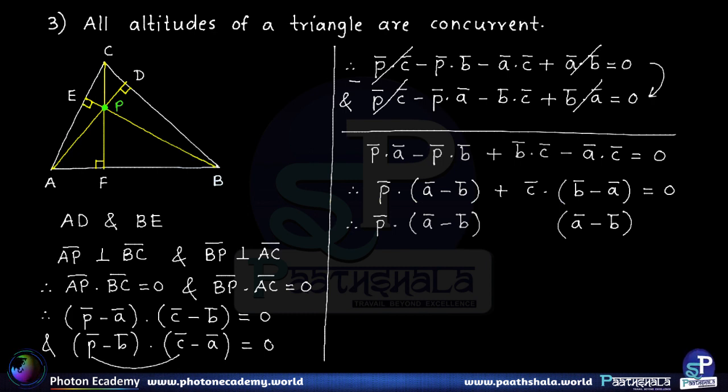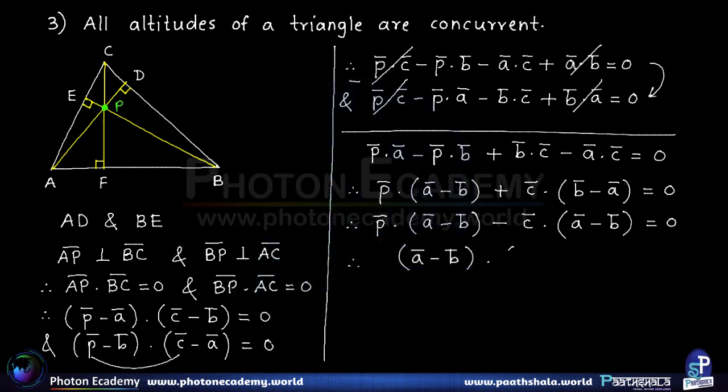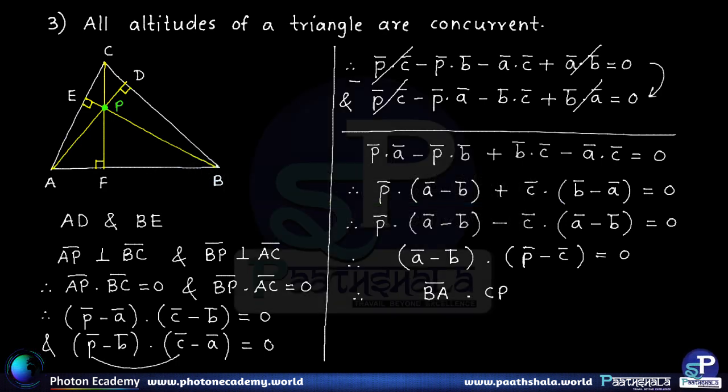But then we have to make the C bar negative. Taking common, we have A bar minus B bar dot P bar minus C bar equal to 0. That means A bar minus B bar is BA bar, and P bar minus C bar is CP bar, so BA bar dot CP bar equals 0.